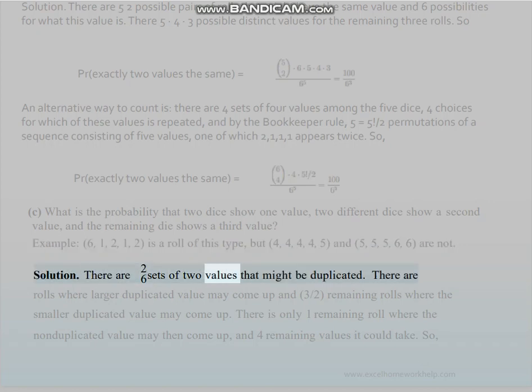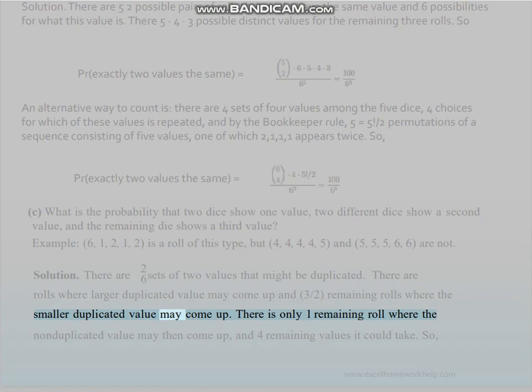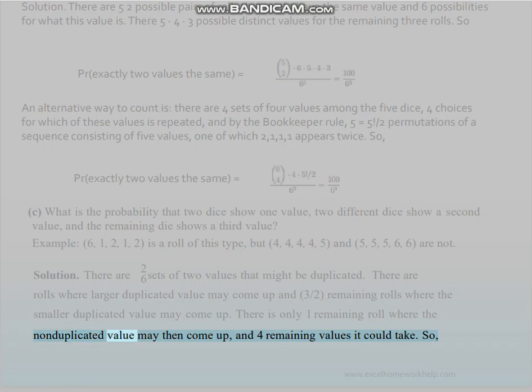There are (6 choose 2) sets of 2 values that might be duplicated. There are (5 choose 2) rolls where the larger duplicated value may come up and (3 choose 2) remaining rolls where the smaller duplicated value may come up. There is only one remaining roll where the non-duplicated value may then come up, and 4 remaining values it could take.